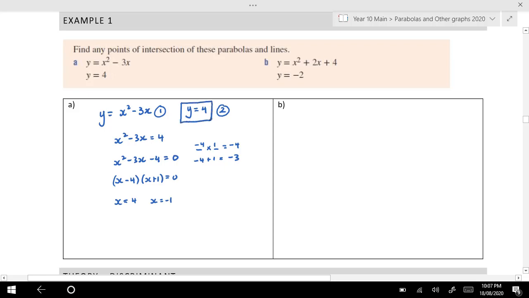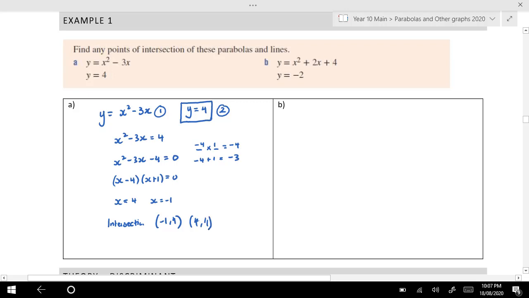So it's fair to say that they're both going to have that y coordinate. So the intersection, which is what we found on the CAS calculator too, by the way, is -1, 4, and we've also got 4, 4.